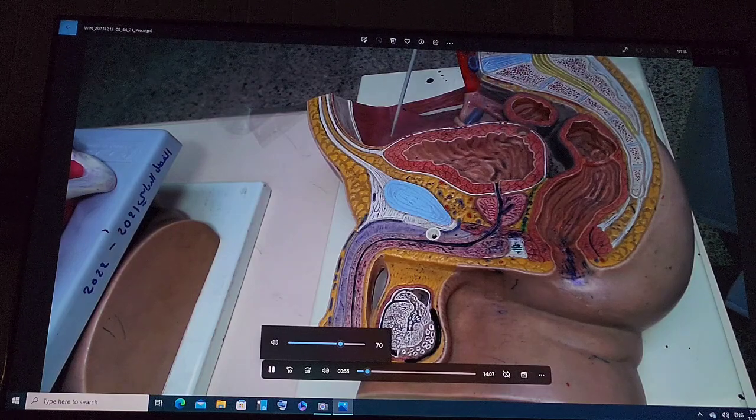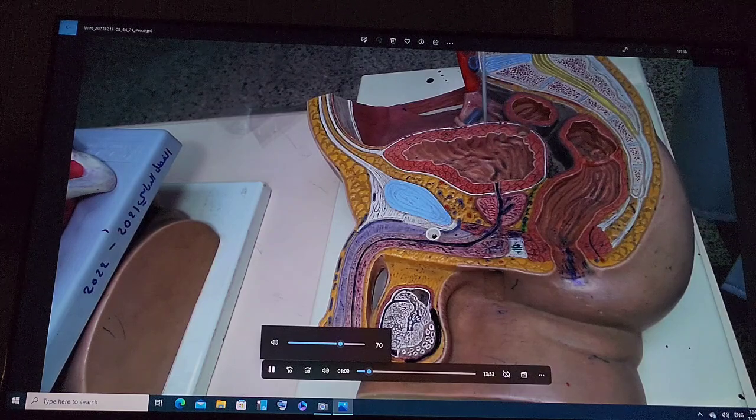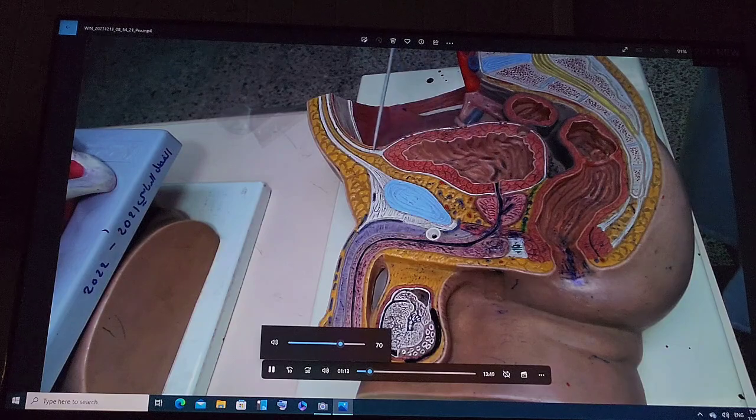It has four corners: superior and posterior surfaces and two inferolateral surfaces. Also, it has a neck and apex.